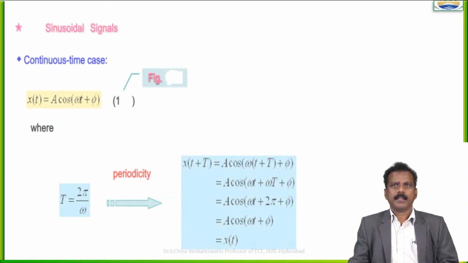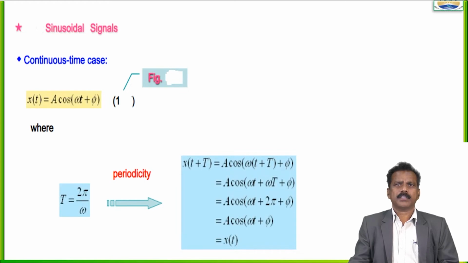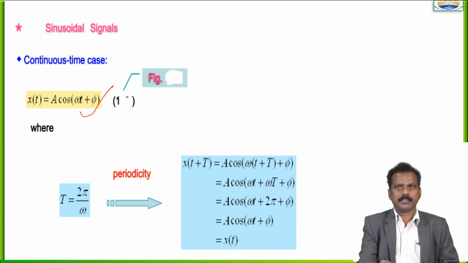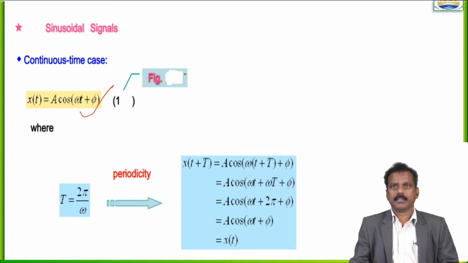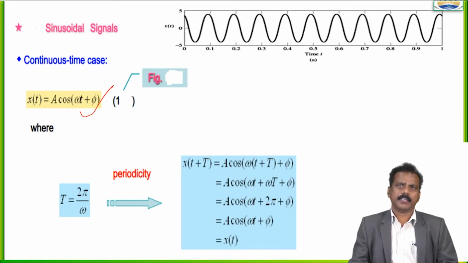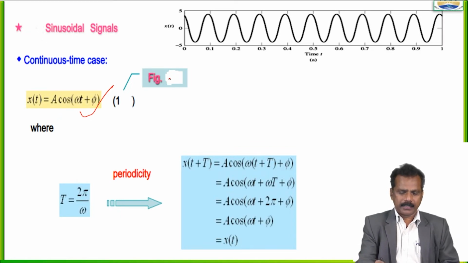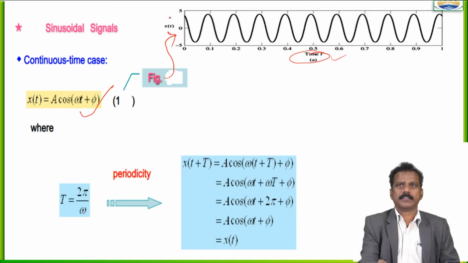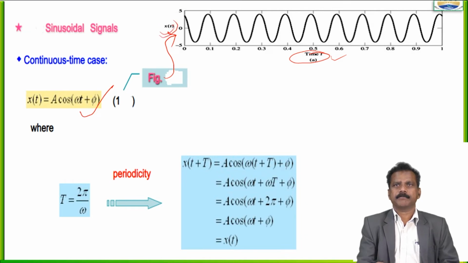Here the sinusoidal signal can be considered in continuous time: x of t is equal to A cos of omega t plus pi. That is the mathematical expression. For this case, we require a figure, the graphical representation of time t versus x of t, a continuous time signal, followed by CTS.